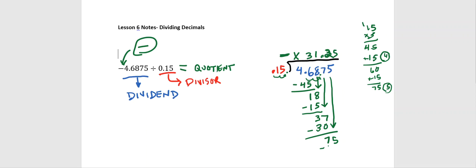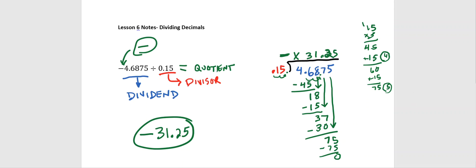When I do 15 times 5, that's 75. And 0 is our remainder. So the final answer to negative 4.6875 divided by 0.15 is negative 31.25.